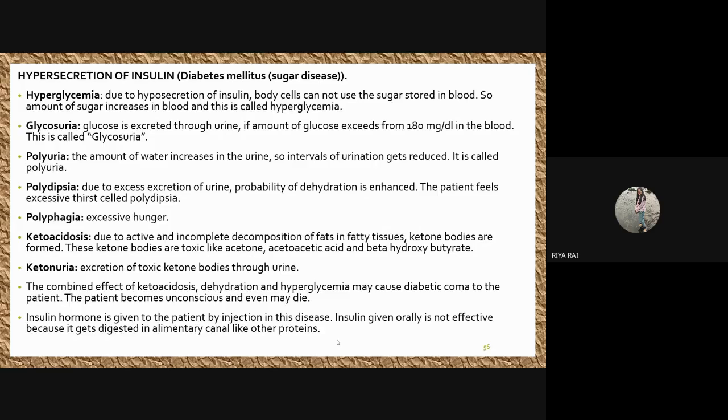Insulin hormone is given to the patient by injection. In this disease, insulin is generally not given orally because it is a protein which gets digested in the alimentary canal. Along with the regular insulin, two more types of insulin are given. First is insulin zinc suspension.